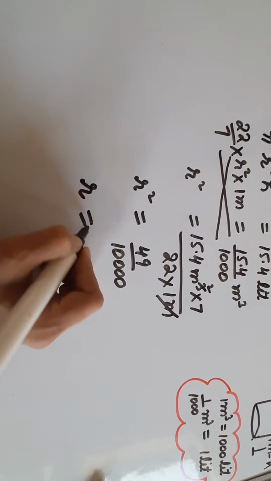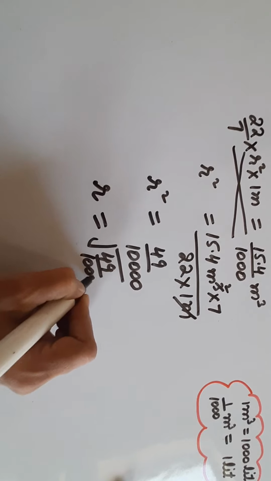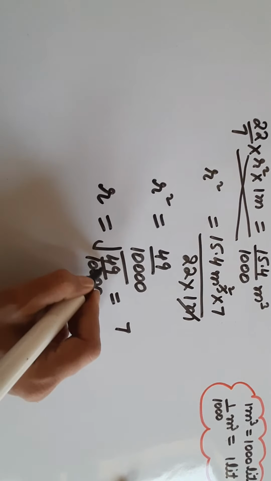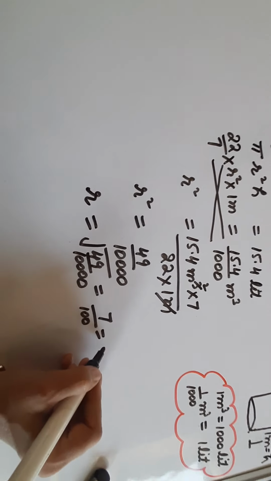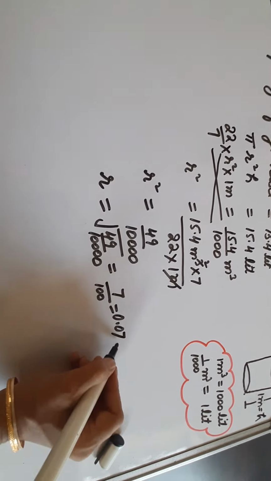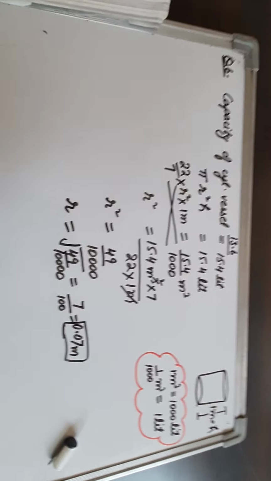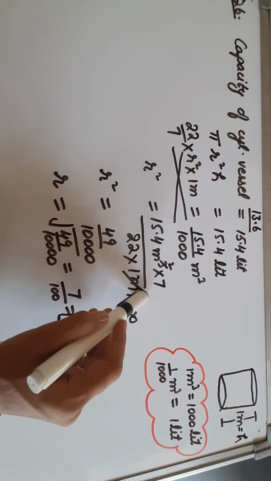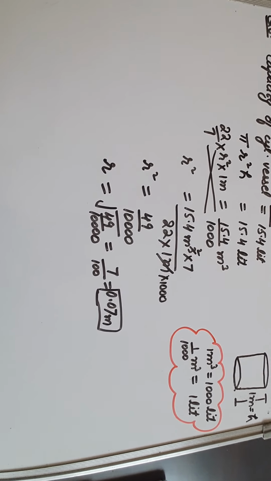So we take the square root. The radius will be, this is the square of 7 and this is the square of 100. For this we place the decimal by leaving 2 digits. So 0.07 meter is the radius of the cylindrical vessel, right?